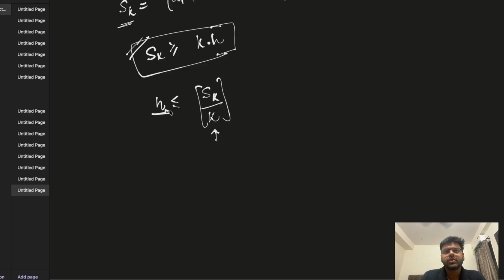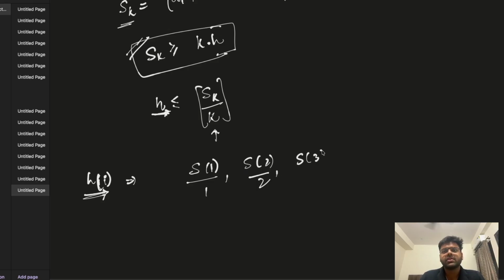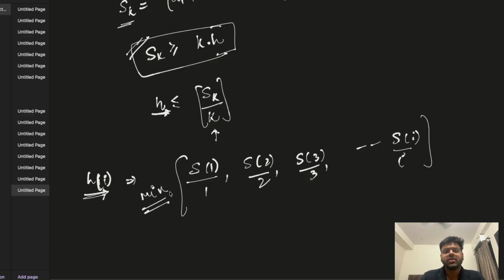So for the i-th index I'm talking about, it would simply be s of 1 by 1, s of 2 by 2, s of 3 by 3, till s of i by i, and for all of these you take the minimum. For a particular k elements your h would be the maximum possible over here, but when considering all of the h's, you need to take the minimum. So this is how you would solve this problem.